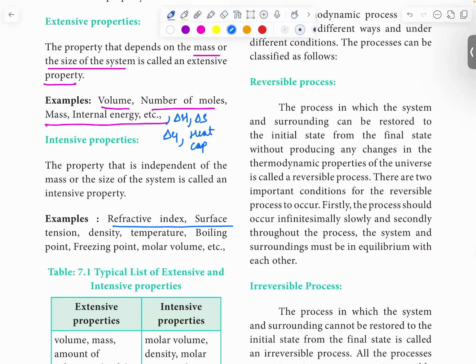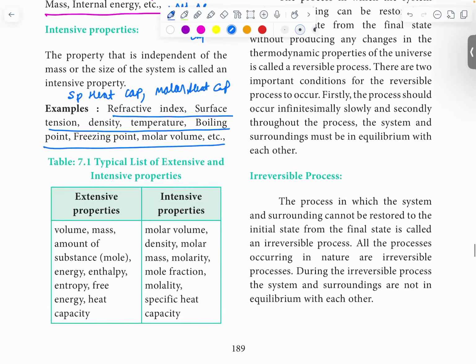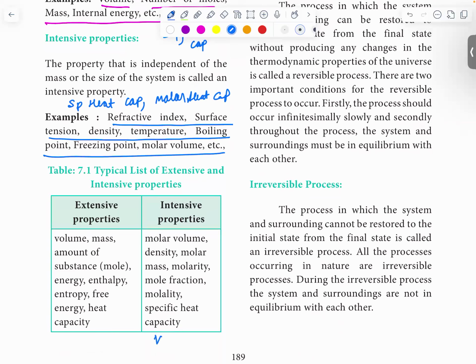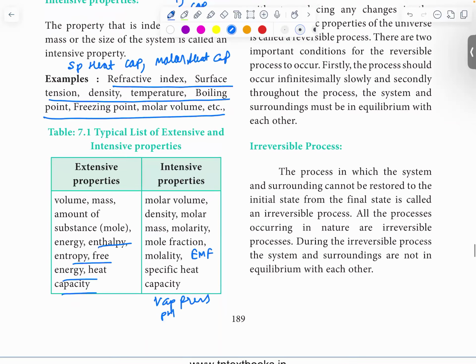And refractive index, surface tension, density, temperature, boiling point, freezing point, molar volume, specific heat capacity, molar heat capacity are intensive. There are more examples like vapor pressure, pH, EMF. I'm giving extra examples. These are also intensive properties. And enthalpy, entropy, free energy, heat capacity are basically extensive properties.